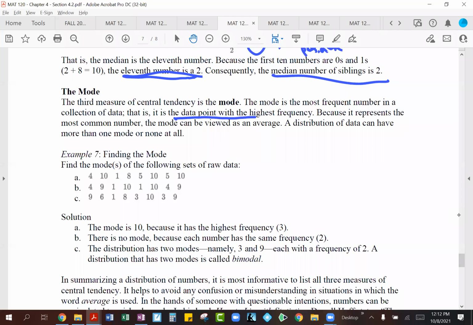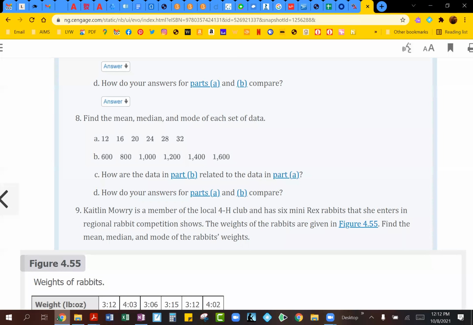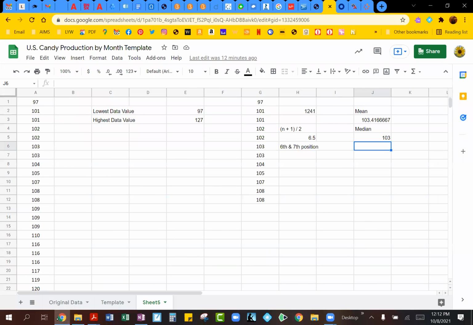You're looking for the data point with the highest frequency. If we go back to our candy example, looking at these 12 values, what would you say our mode should be? Which number has the highest frequency?